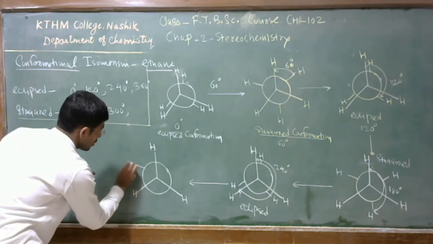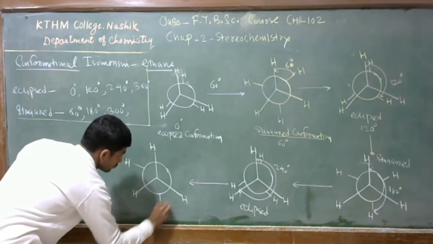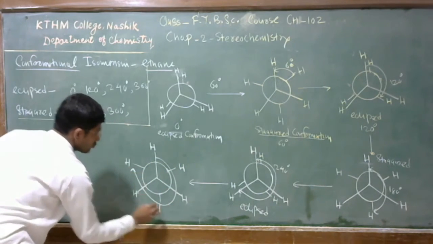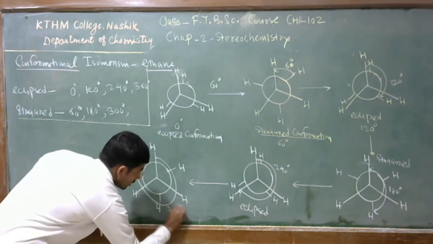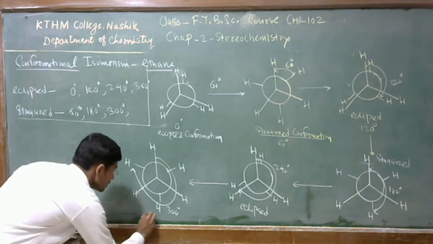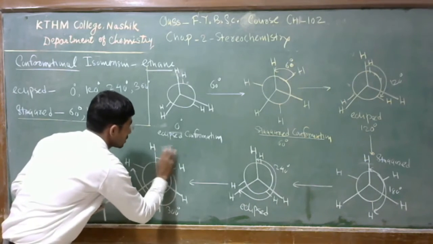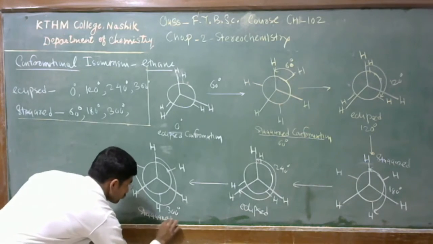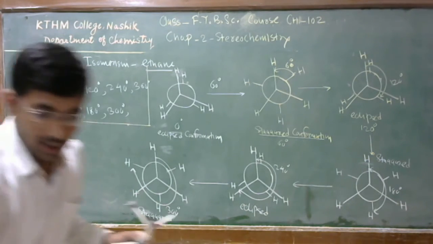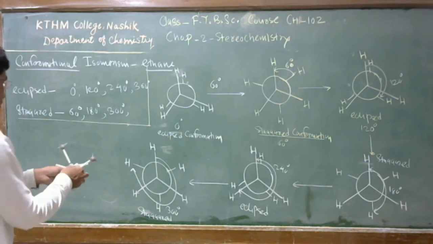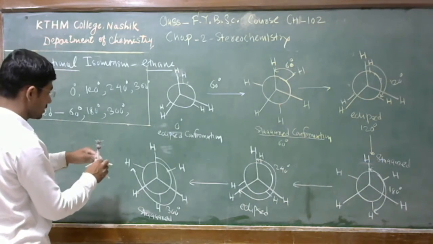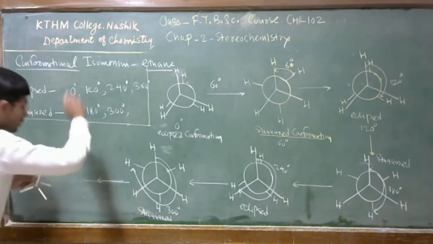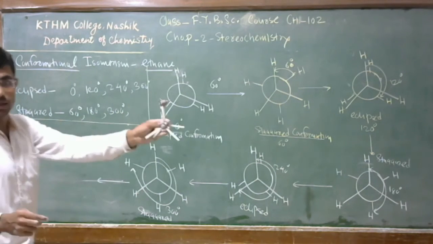So these hydrogens, that is nothing but staggered conformation. What we call staggered. And after again 60, that is nothing but 360 overall, means 360 like this.